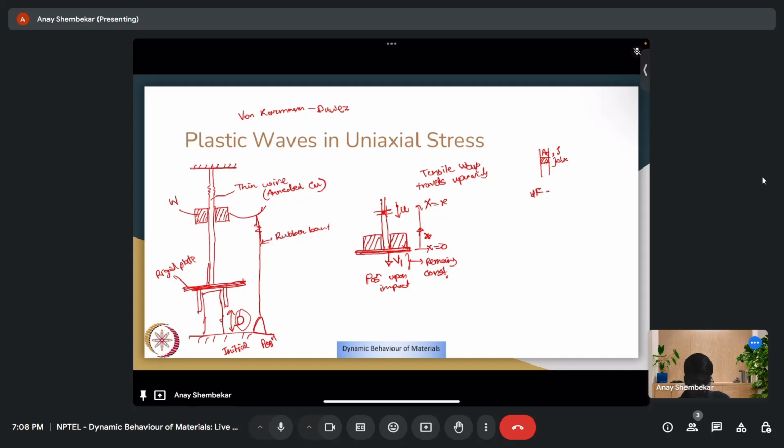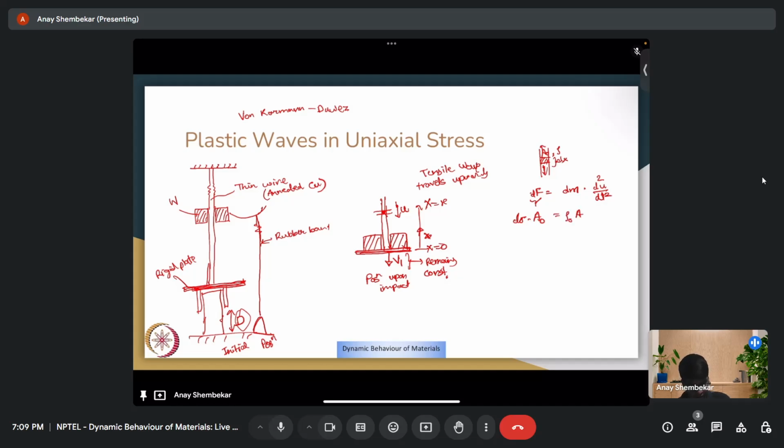small force dF accelerates the small mass dm into the acceleration, so ∂²u/∂t². dF is nothing but dσ times A naught, the change in stress across the small section.